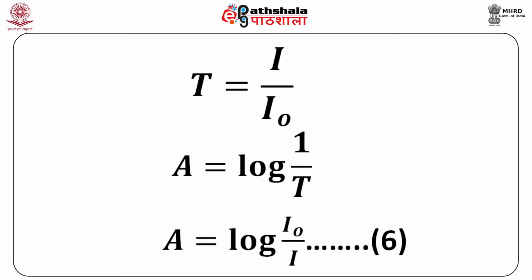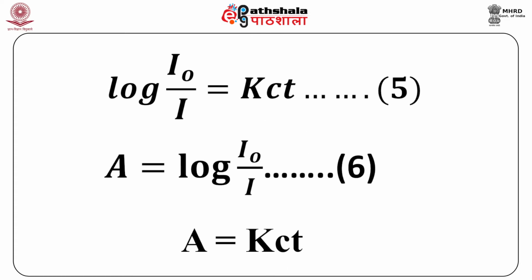Since transmittance represented by capital T is equal to I by I naught and absorbance represented by capital A is log of 1 by T, thus absorbance A is equal to log I naught by I. This is named as equation 6.